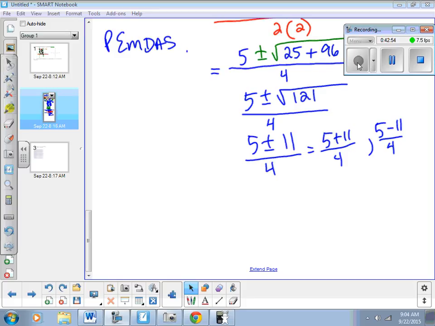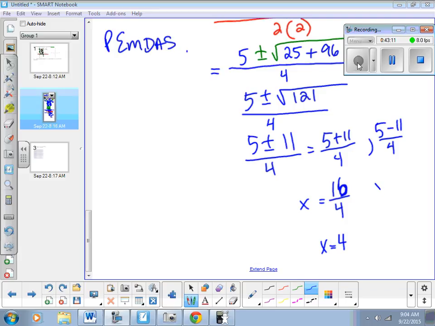5 plus 11 is 16. Oops, almost put 15. 16 over 4 is 4. One of the answers is x equals 4. The other answer is x equals 5 minus 11, which is negative 6.